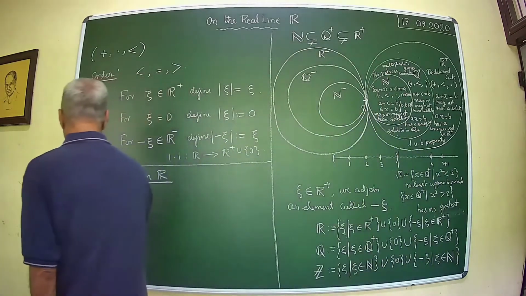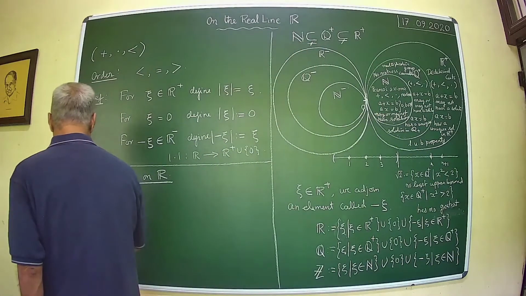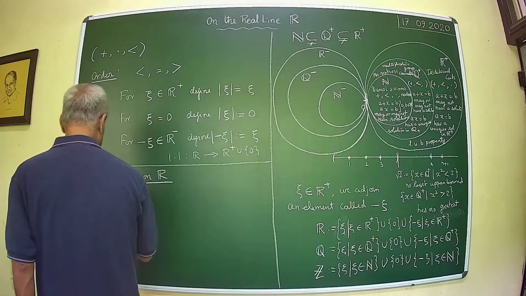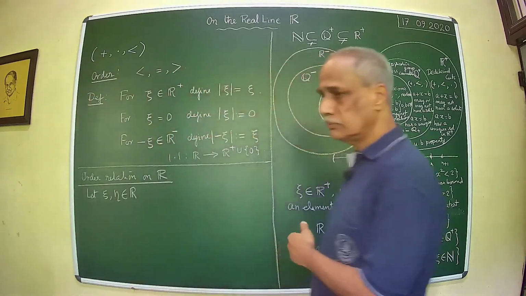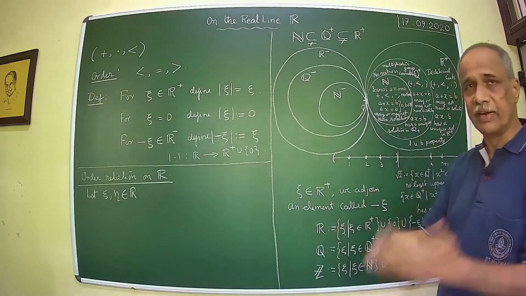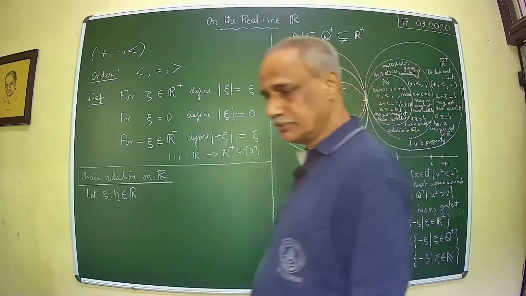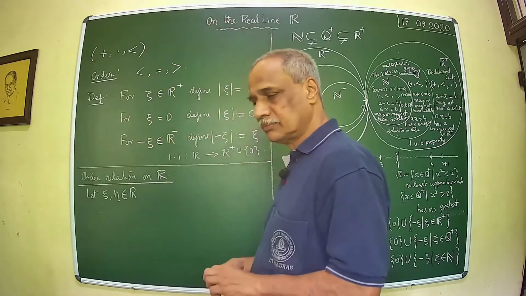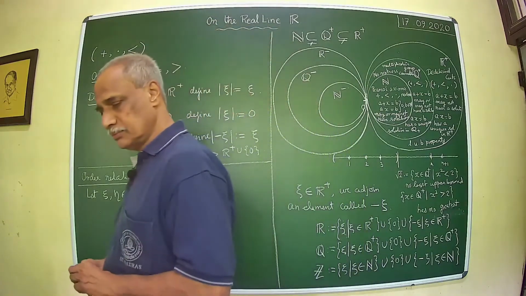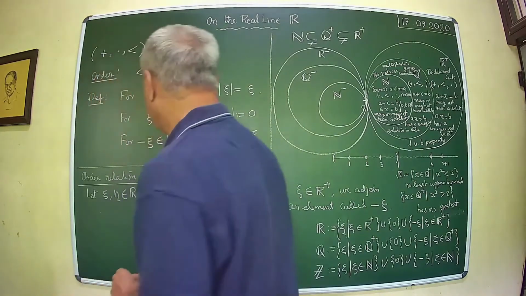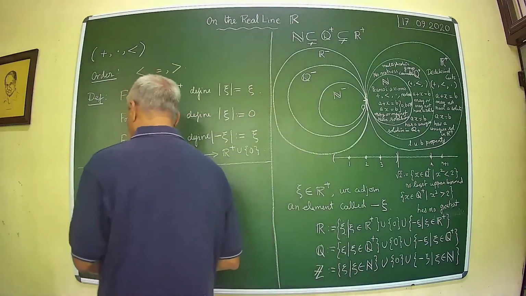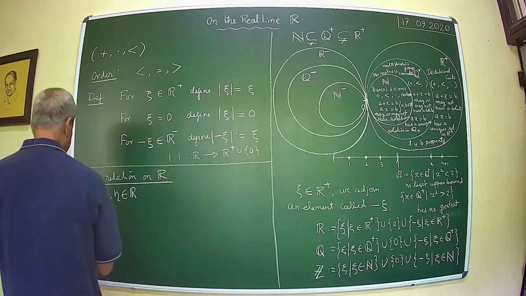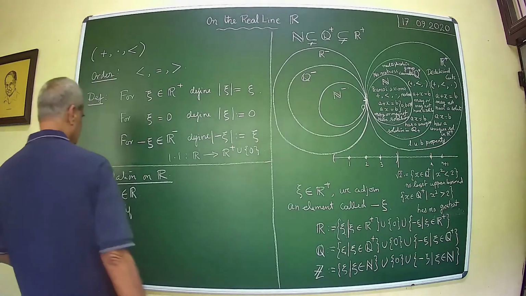So we have to define this in different ways in different places. Okay. So what do you mean by, we say psi is greater than eta if the following holds.